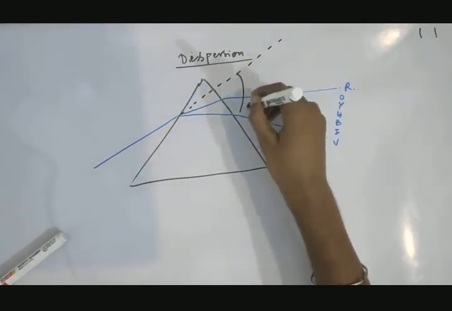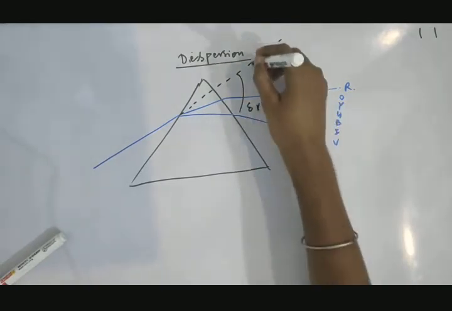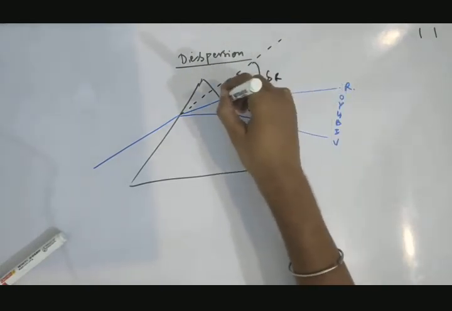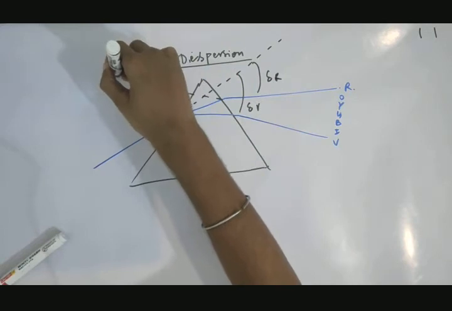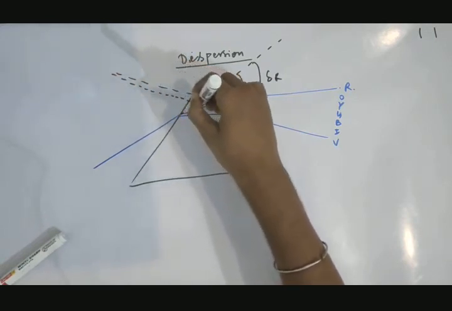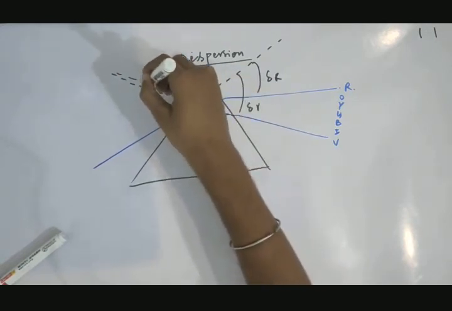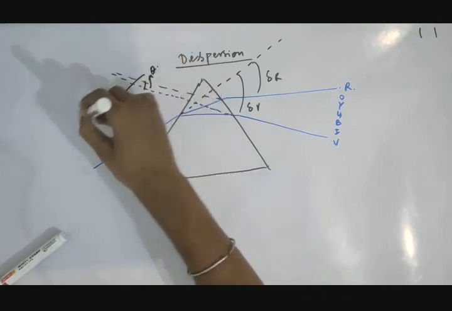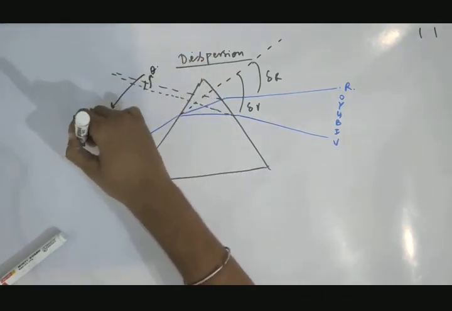this is the deviation produced by the violet, and this represents the deviation produced by the red. If we take both deviations backward, this angle is theta, and this theta is the angle of dispersion.